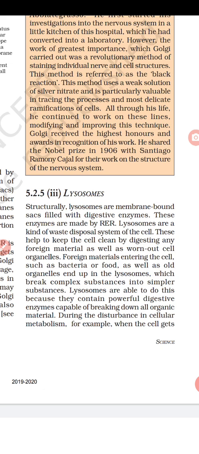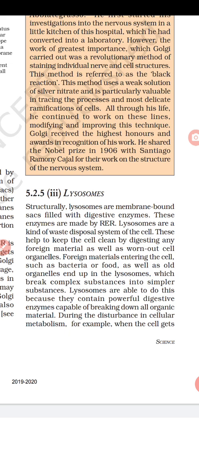So where do these digestive enzymes come from? Digestive enzymes mainly come from the RER, that is, rough endoplasmic reticulum. These digestive enzymes are made by the RER.